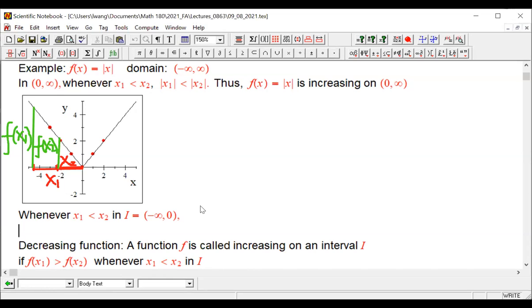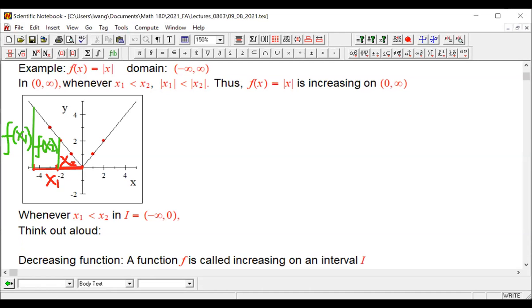I'm going to give you a little cheat sheet. You don't put this on the paper you turn in, but in your mind, you can think out loud. -5 is less than -2, right?